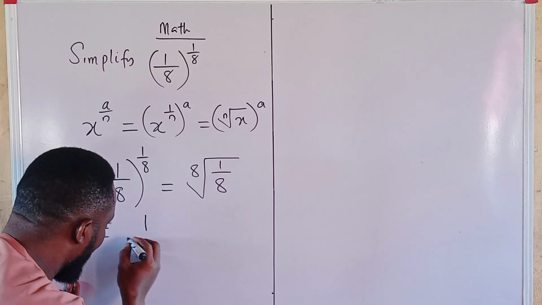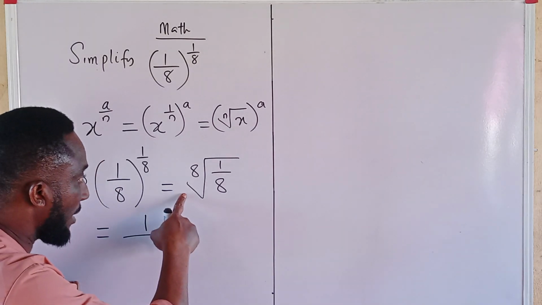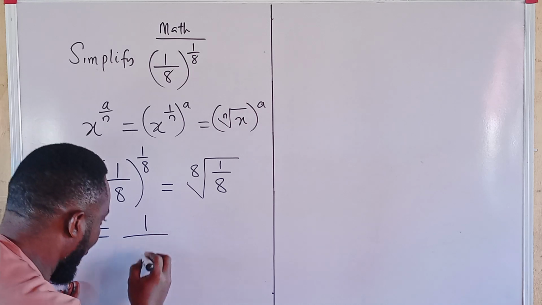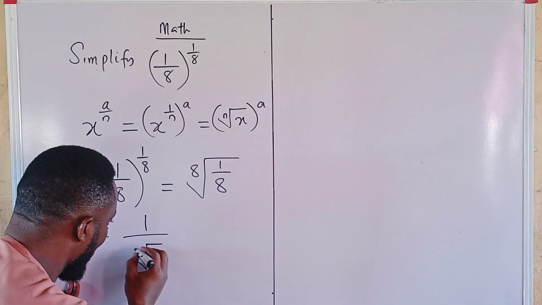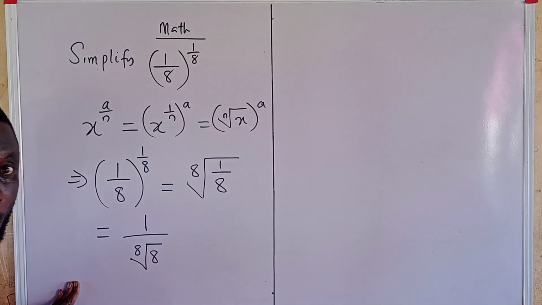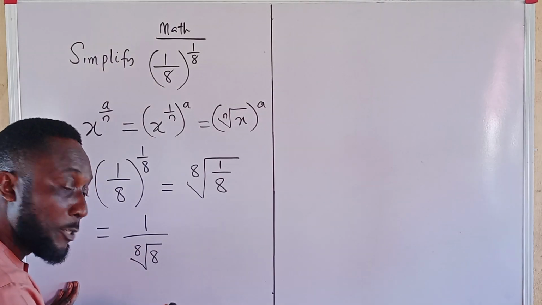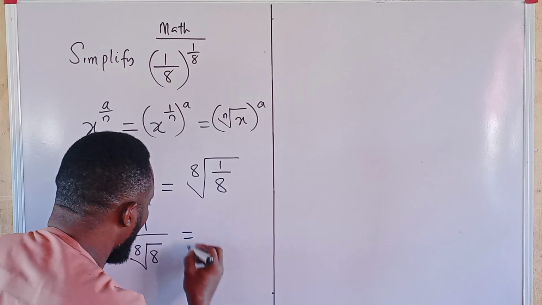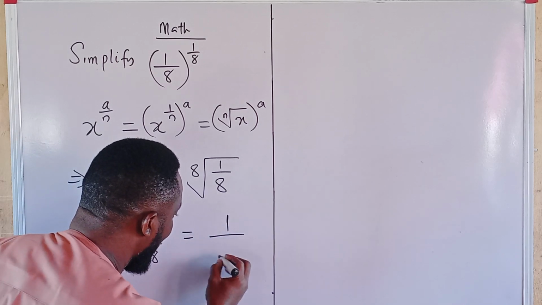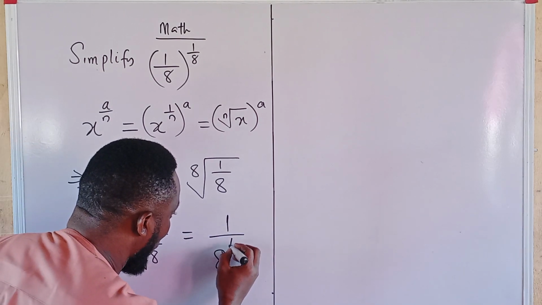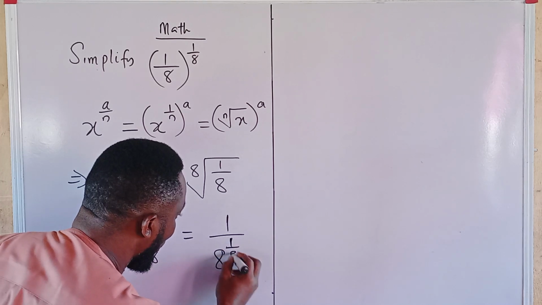I'll write 1 upon the 8th root of 8. Then in exponent form, I can rewrite the 8th root of 8. That's going to give me 1 upon 8 to the power of 1 upon 8.